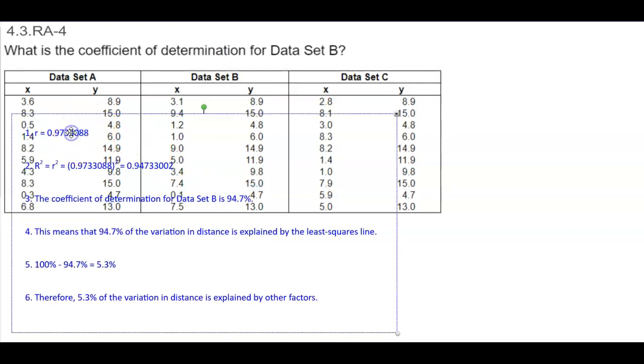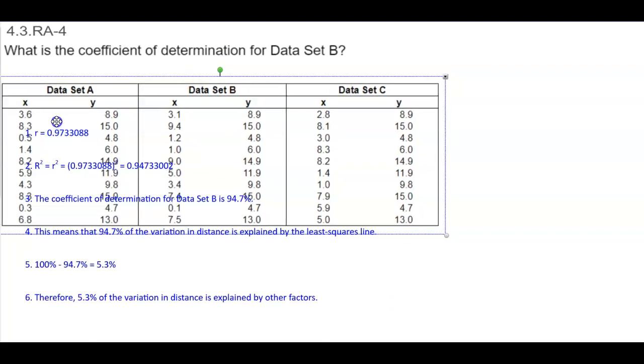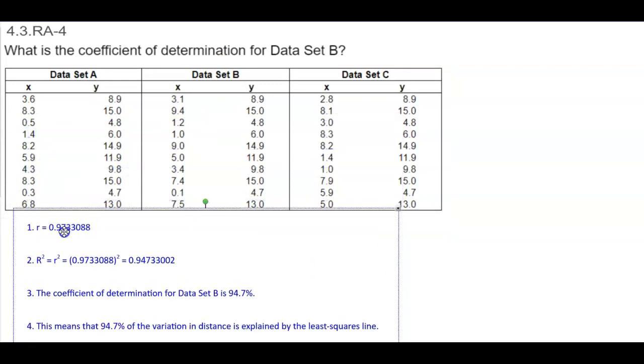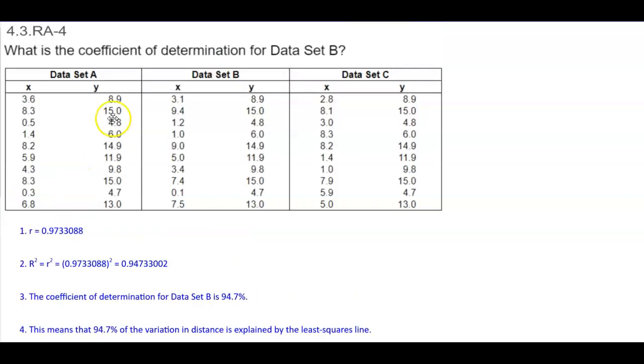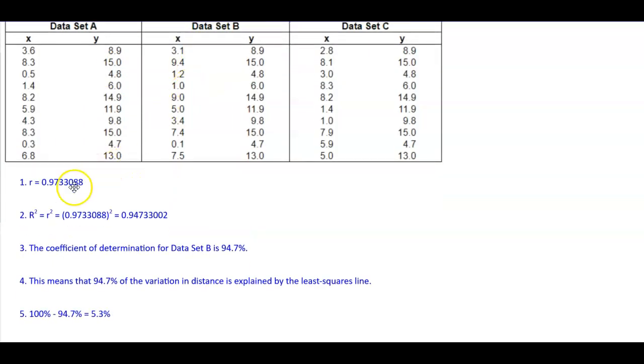Okay, so the first step here is if we take R, that number 0.9733088. The coefficient of determination is represented by capital R squared, which means we take the correlation coefficient and then square that.